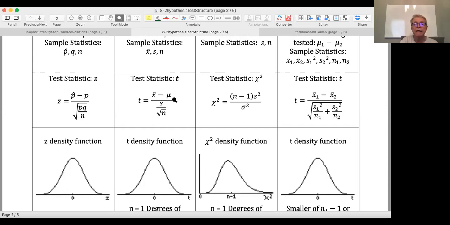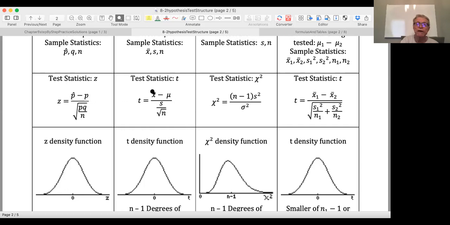Similarly, for the t, we've got a difference here. If the assumed value of mu is true, x bar is going to be a good estimate of that, and we should get small values for t, because these are going to be close together, and the difference is going to be small, which puts the value of t closer to 0, in this region here. But if the assumed value of mu is different from the true value, x bar is estimating the true value of mu, and it's liable to be substantially different from the assumed value.